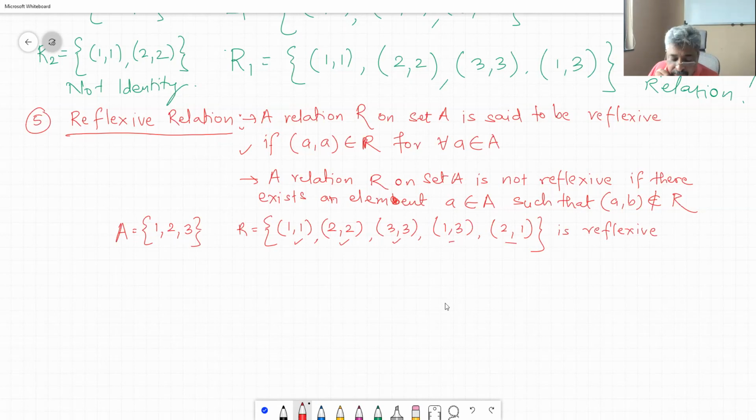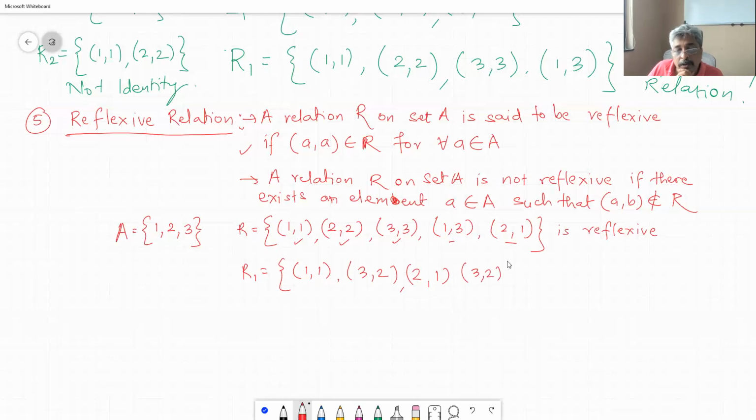So this is a reflexive relation, and if you write this, say R1, {(1,1), (3,2), (2,1), (3,2)}, it is not reflexive.